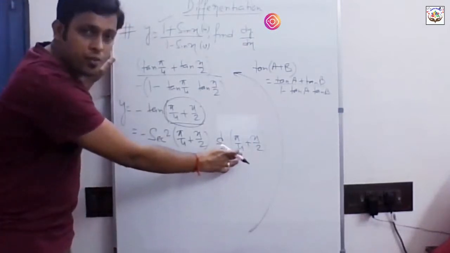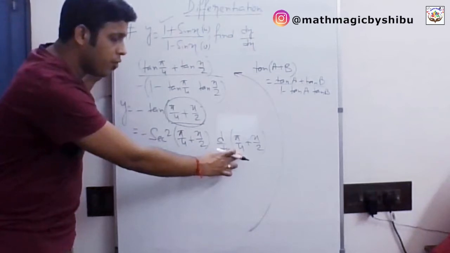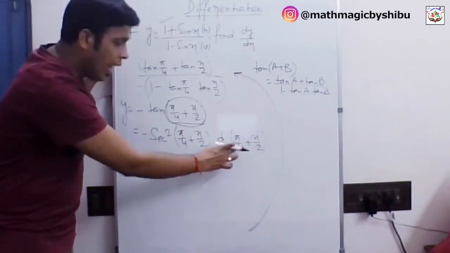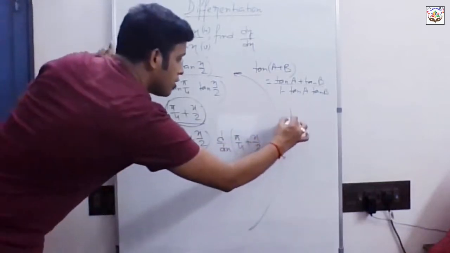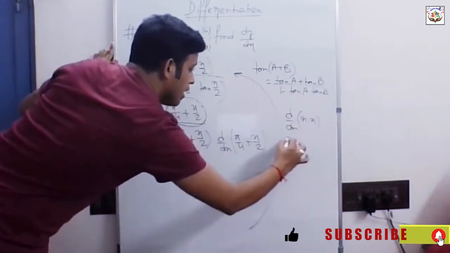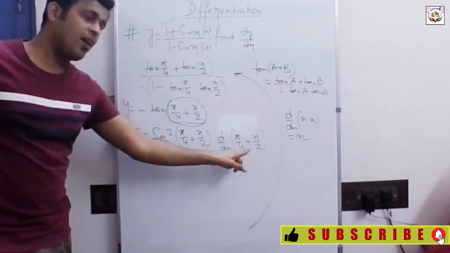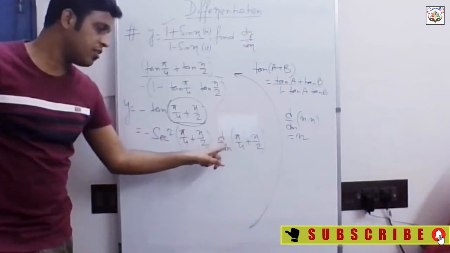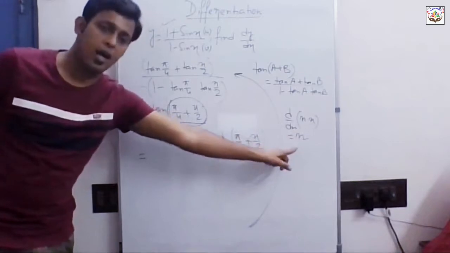As we know, pi by 4 is an angle and a constant term, so the derivative of pi by 4 will be equal to 0, and d dx of x by 2 will be half. Why? Because d dx of n into x equals n. So here n is half into x, so d dx of half into x will be equal to half.